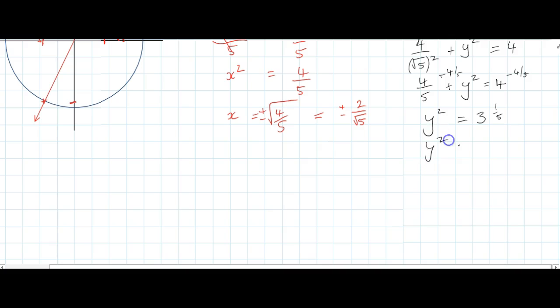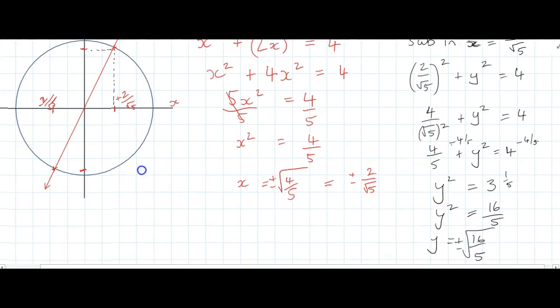Let's make that into an improper fraction. So 3 times 5 is 15, 15 plus 1 is 16 over 5. Again, let's square root the whole thing. And again, the square root of 16 becomes 4 over the square root of 5. So obviously when we do that, we're going to get the positive and negative of both of those, as we said before.